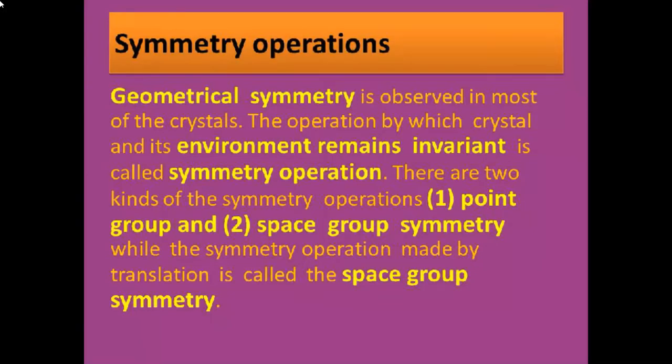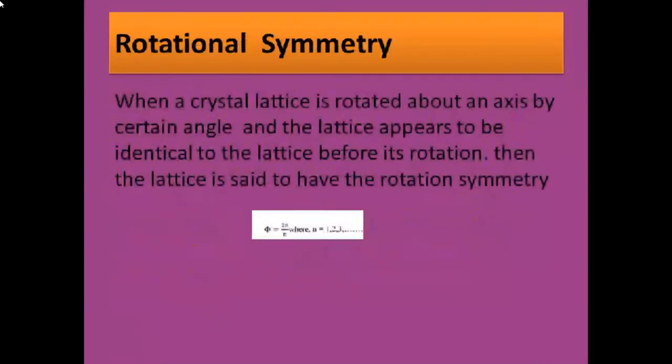There are two kinds of symmetry operation: one is point group and second is space group symmetry. The symmetry operation made by translation is called space group symmetry. Rotation, reflection and inversion are the fundamental operations of point group symmetry. We will see one by one.